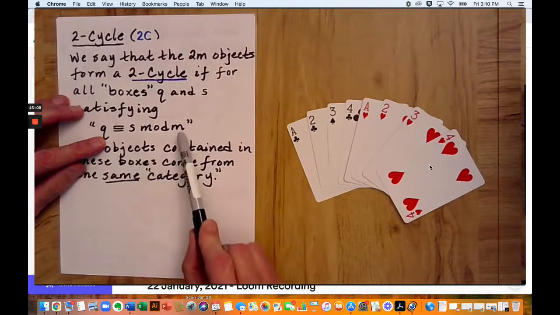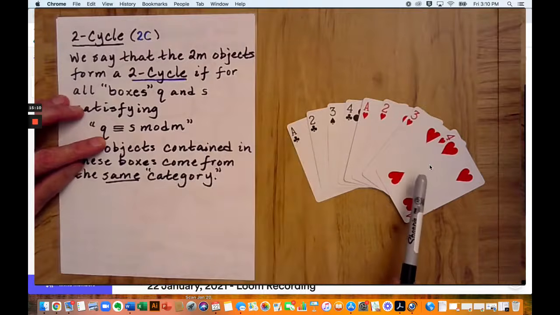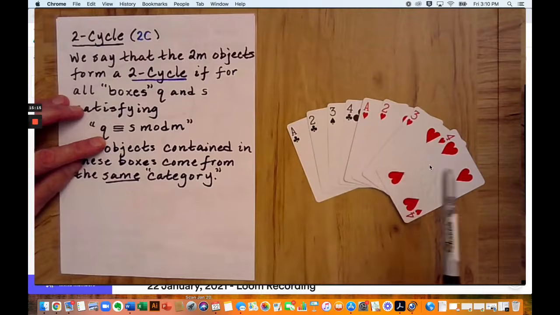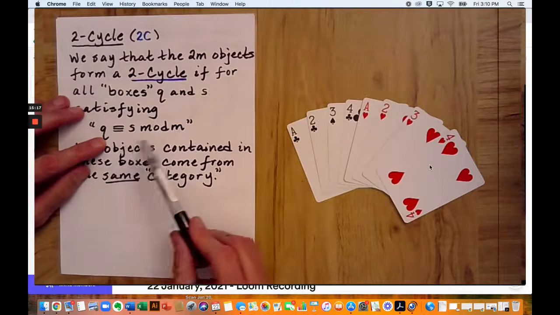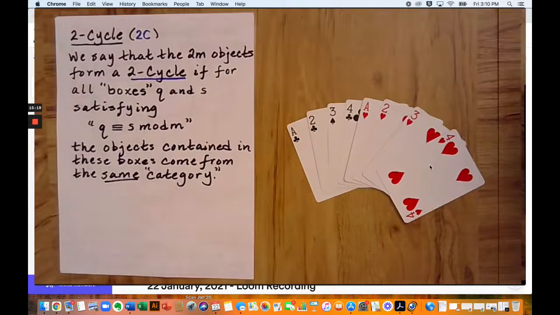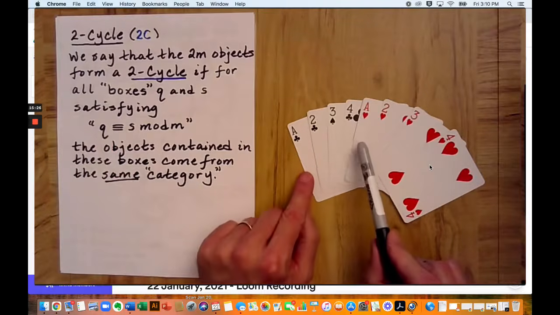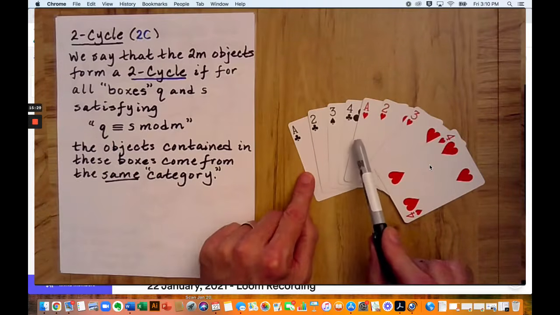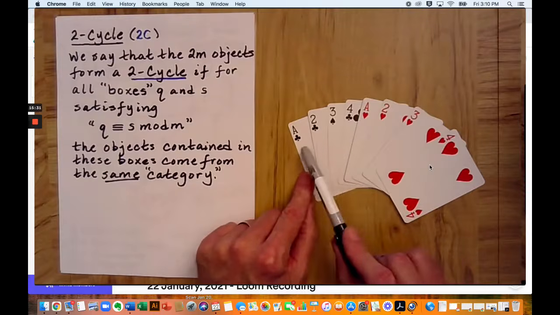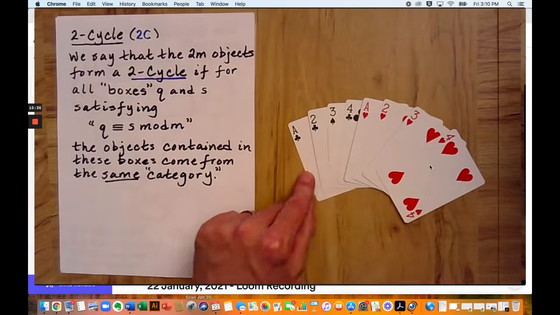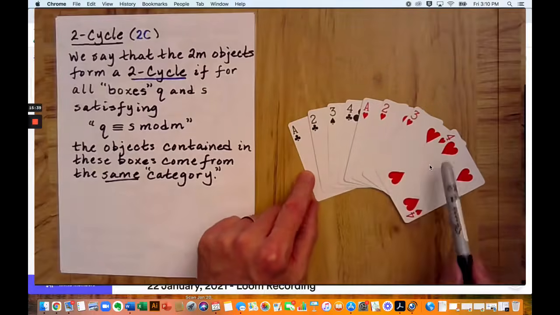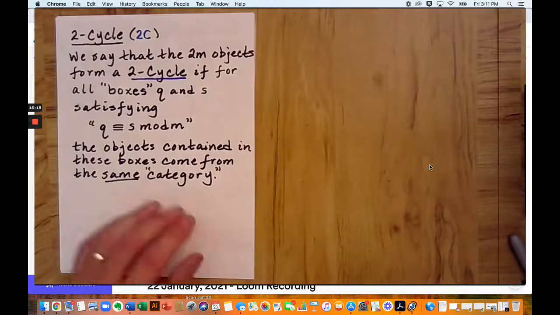Now, of course, M in our case is 4 because we have 2M, in other words, 2 times 4 or 8 objects. Okay, so what does that really mean? Well, let's focus on the first positions right here. If we label these 1, 2, 3, 4, and then 5, 6, 7, 8, in fact, let's put them in a box arrangement.